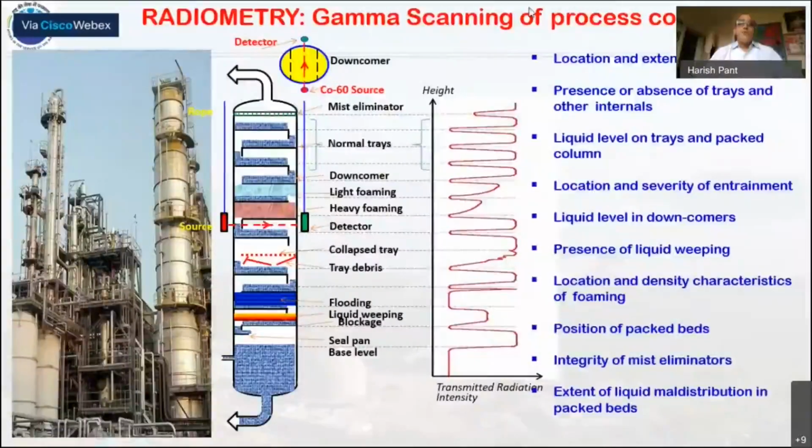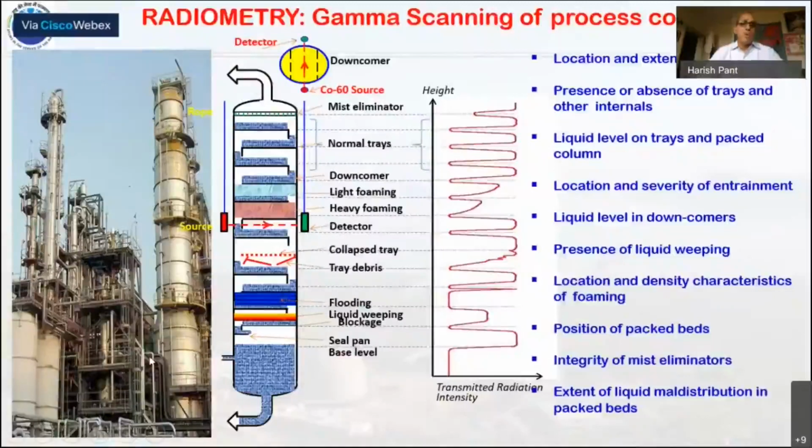Another example of a radiometric technique is gamma scanning of a process column. You might have seen that wherever you go in the industry, you will see this kind of column. Very tall columns, with a height of 80 meters, 100 meters, 150 meters.